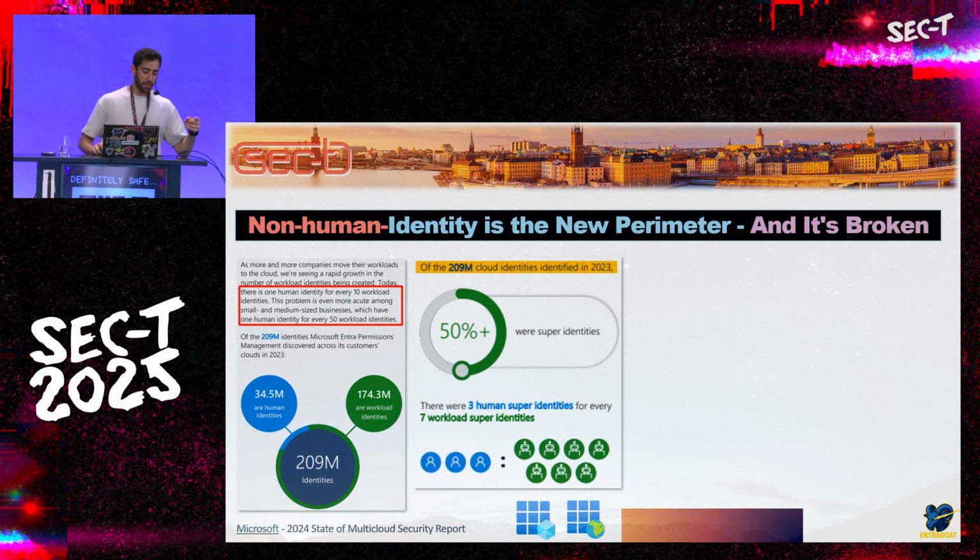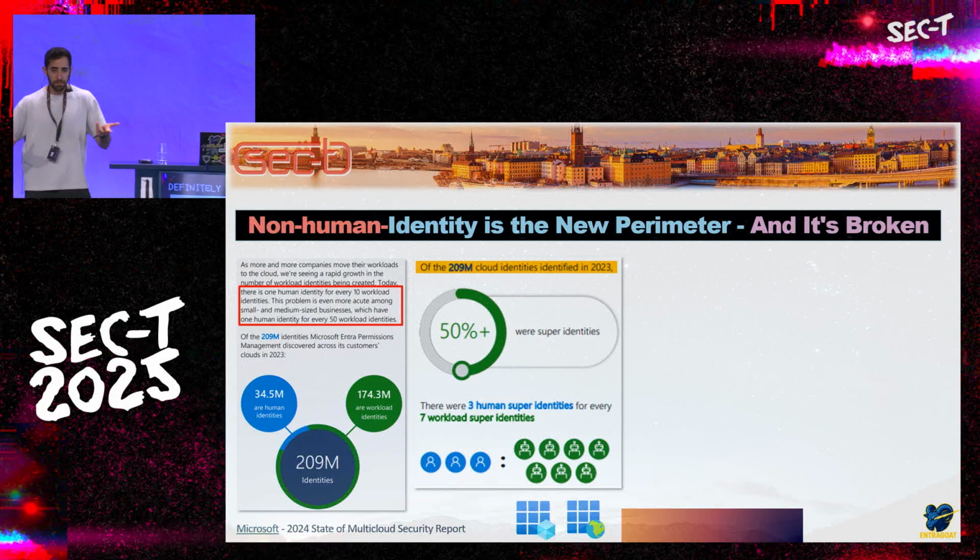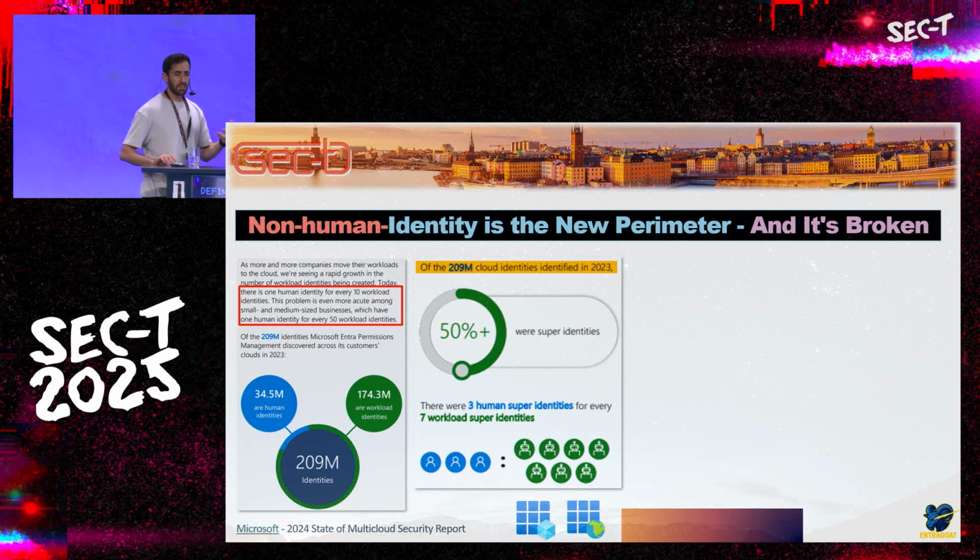And more than that, out of the 209 million cloud identities identified in 2023, 50% plus were identified as super identities. So you might say, okay, it's just 50%, it's not that many. And in addition, what can a super identity even do?